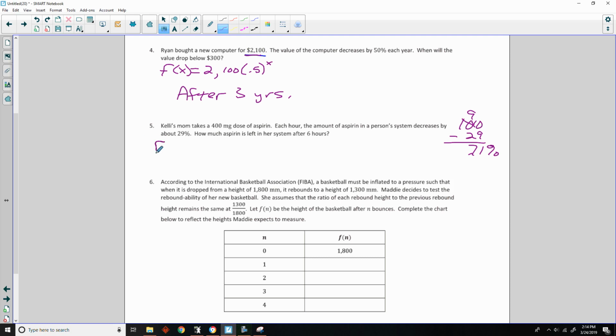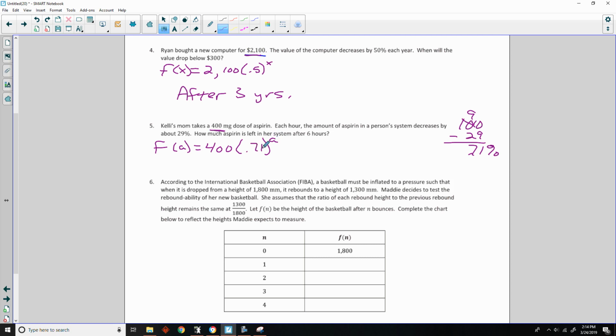The formula is going to be f of a for aspirin. F of a equals initial 400 milligrams times, it's decreasing by 29%, so 71% is remaining, to the power of a.